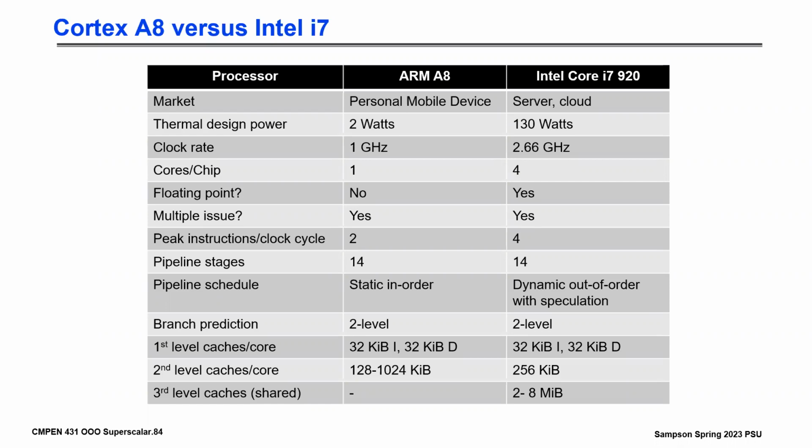For 60 something times the power, you were able to go 2.5 times faster in terms of the clock and have 4 times as many cores. If you multiply all these out together, however, you will see the efficiency win is still here. If I care about joules per instruction, I still want my in-order core. If I care about peak performance, there's no contest. This beats the snot out of this, but it does so by being aggressive, and that aggressivity has an efficiency cost.